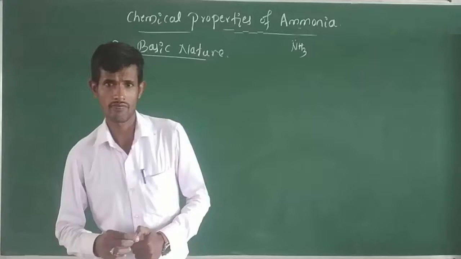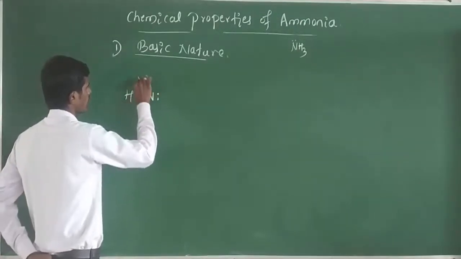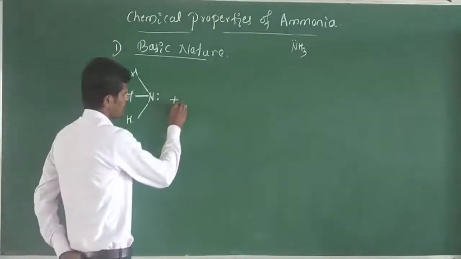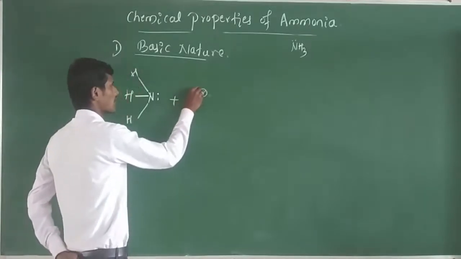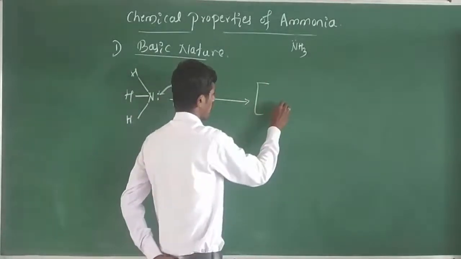According to Lowry-Bronsted theory, a base is a substance which accepts a proton. When you see this reaction, NH3 here accepts a proton and it becomes ammonium ion.